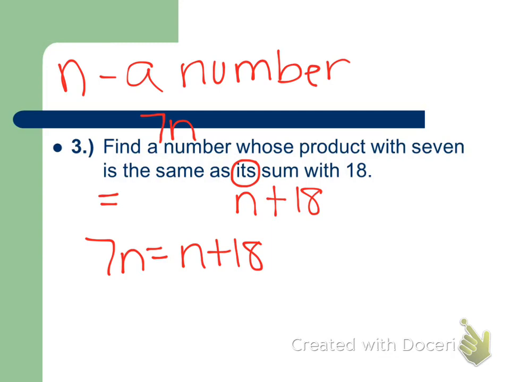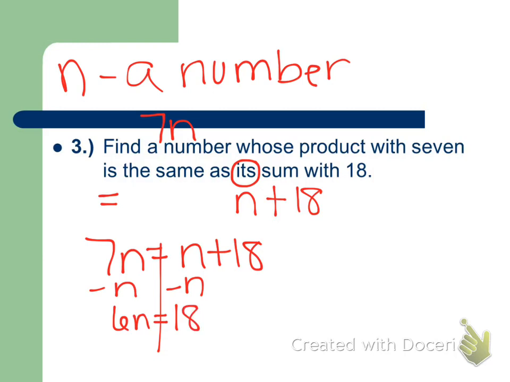I know we don't like having extra steps, but if you take the time to write those notes out first, it'll help you make your equation later. All right, then we have to solve it. Deja, how would you solve this one? Subtract N on both sides. What does that give us? 6N equals 18.